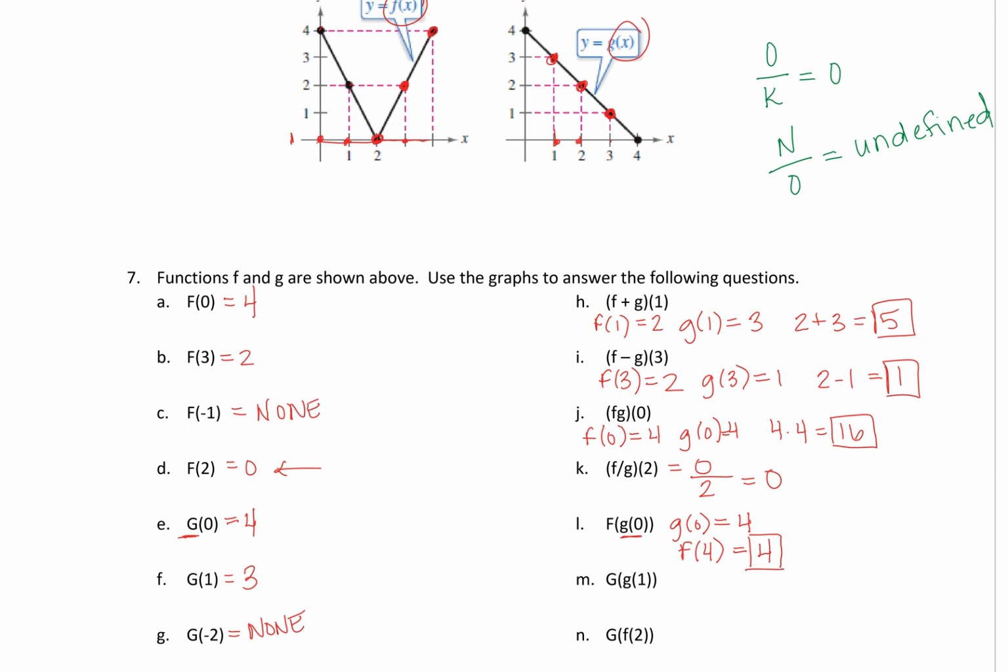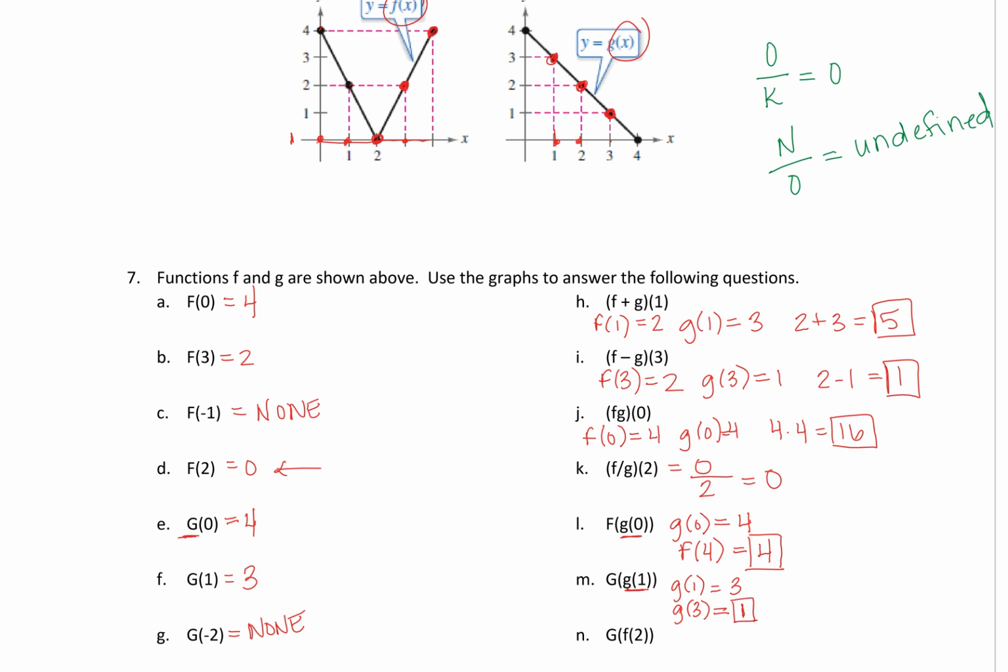Now, this one is a little bit more confusing, but you'll see how it works out. First, I'm going to do g of 1, little g of 1. So g of 1, when I put 1, I know my answer is 3. So then I'm going to find g of 3. G of 3, my answer is 1.